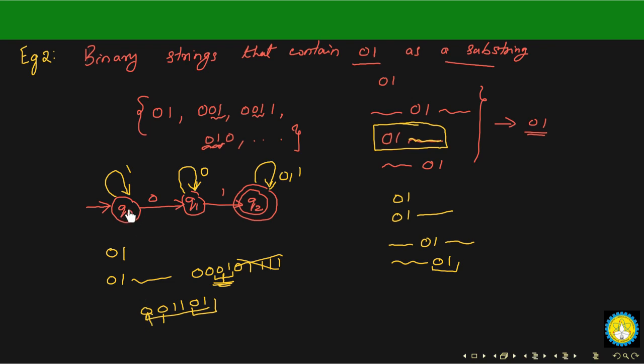Upon getting that 0, from Q0 I will make a transition to Q1. Upon getting the next 0, I will be staying in Q1 itself. Then we have a 1. Upon getting that 1, I will be in Q2. So you have a substring 0, 1 here. Upon getting this 0, 1 itself, this string will be accepted. It will never look into the later part.